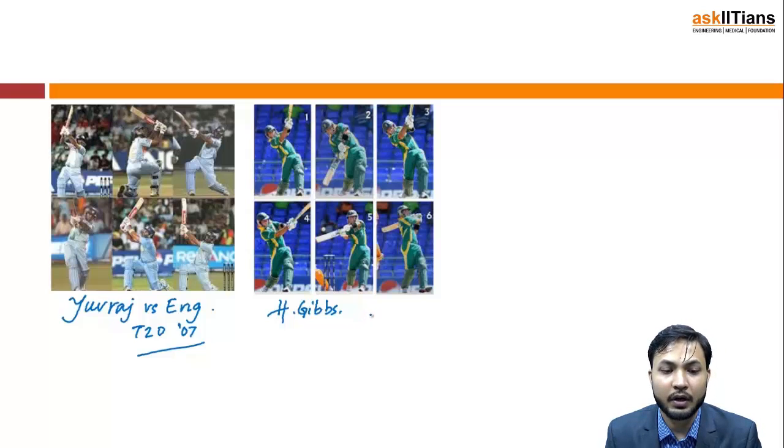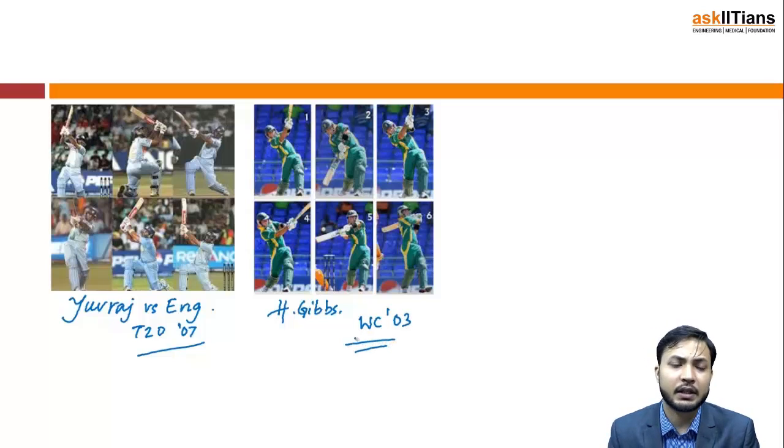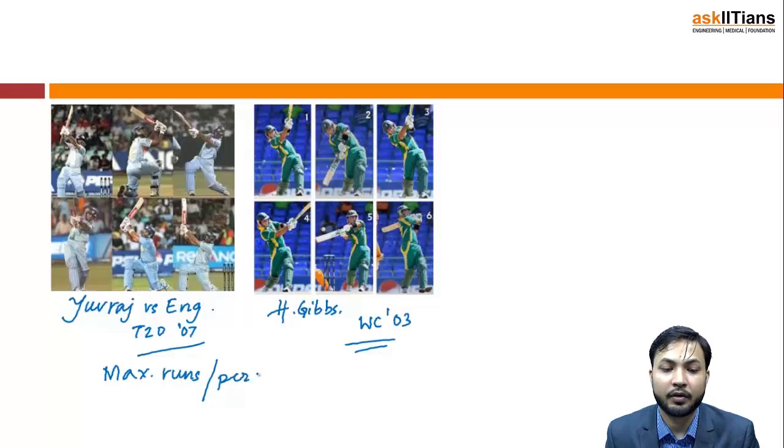In both cases, the common point is that the maximum runs per over was scored, 36 in 6 balls. So this is the best a batsman can do in 1 over, the maximum that one can do.